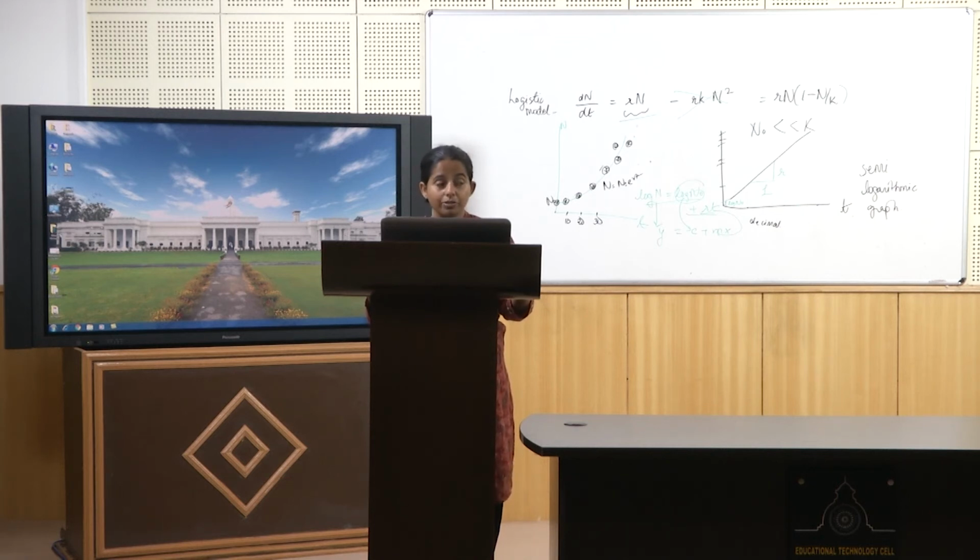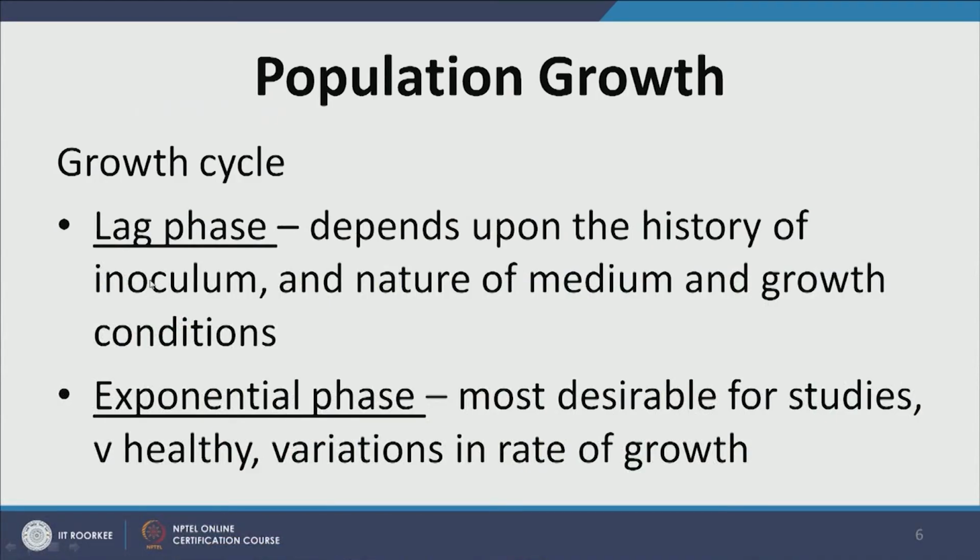Now remember, microbes are quite finicky, they can be quite sensitive to the environment, so everything makes a lot of difference. So the lag phase definitely depends on the history of the inoculum, where it is coming from, what kind of media it was in, and what its growth conditions were.